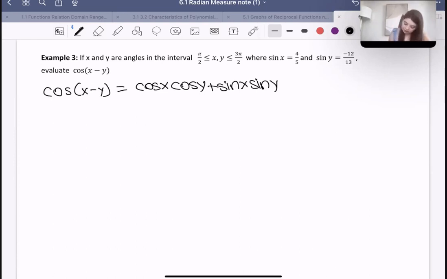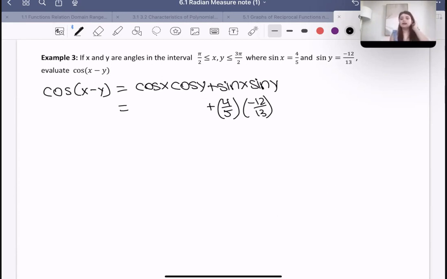Well, we said that cos x, we're not sure actually, it looks like. But we do know what sine x and sine y are. We know that sine x is 4/5 and sine y is negative 12 over 13 because that's what they told us. However, from sine x and sine y, we can actually find cosine x and cosine y as well, which is good.